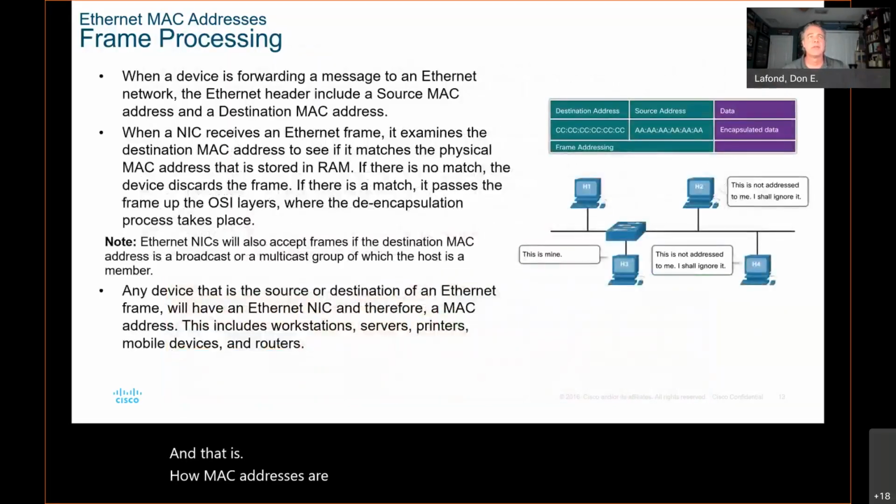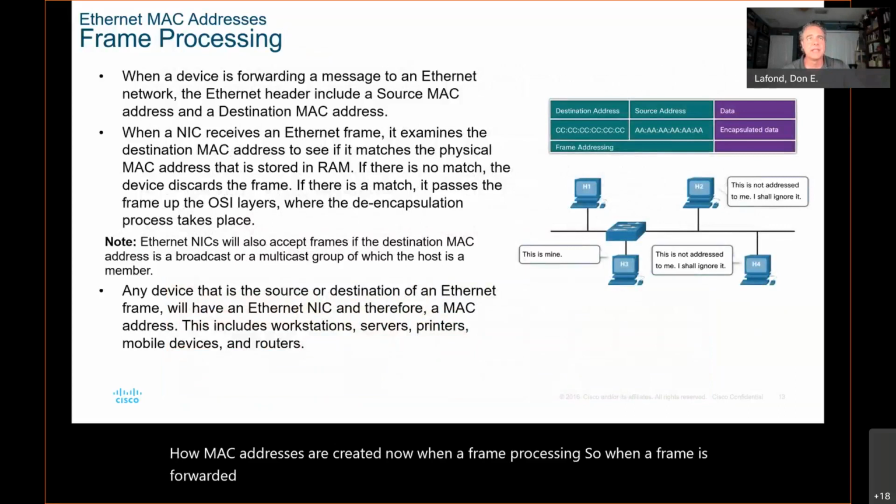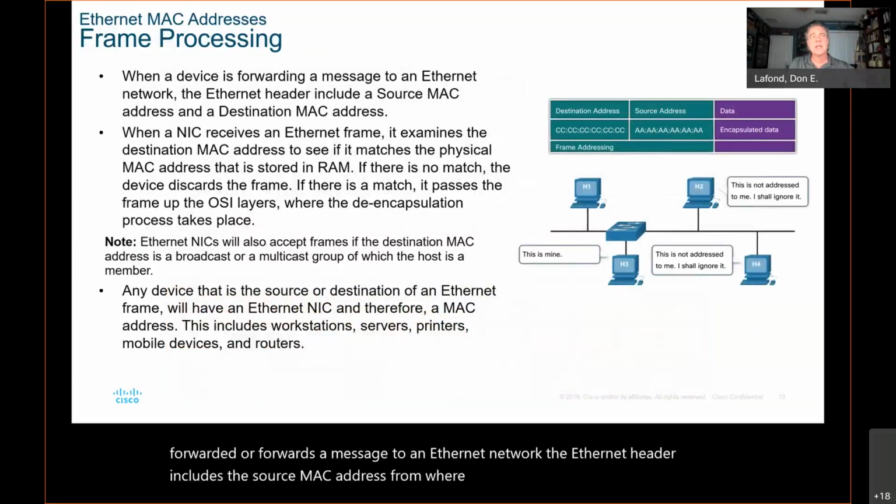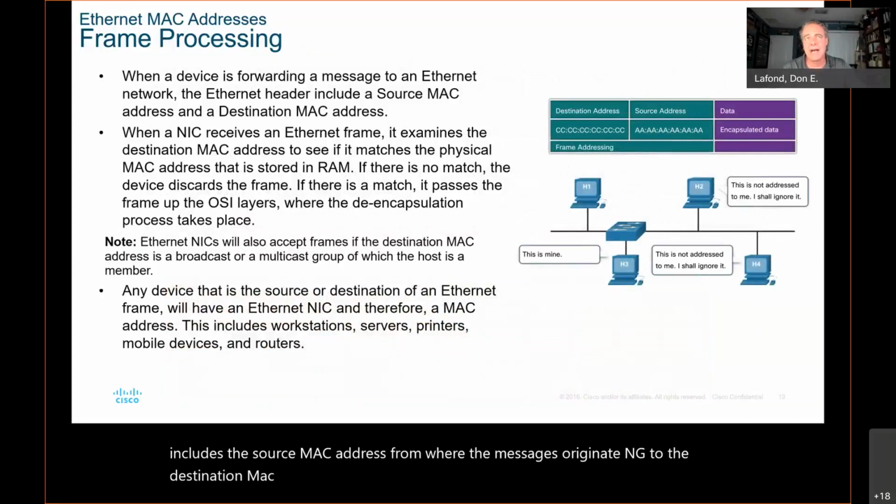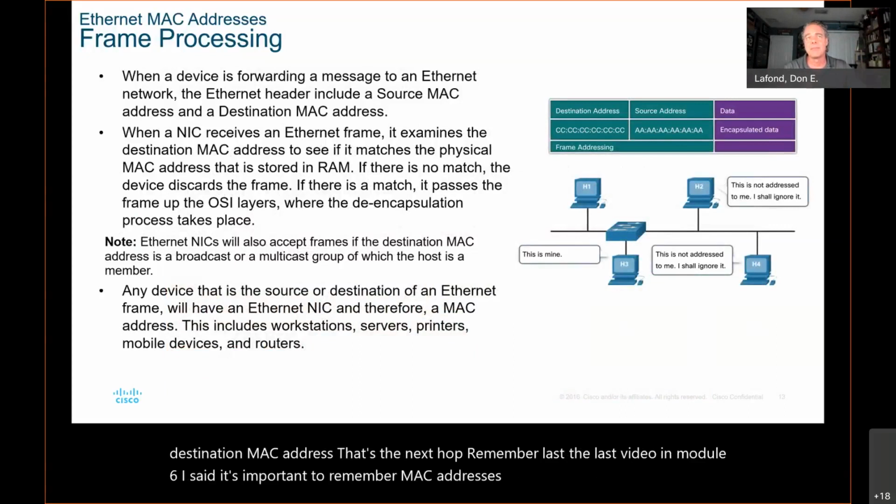Now, when a frame is forwarded to an Ethernet network, the Ethernet header includes the source MAC address, where the message is originating, and the destination MAC address. That's the next hop. Remember the last video in Module 6, I said it's important to remember MAC addresses on NICs are just hop to hop to hop as it's going through a network.